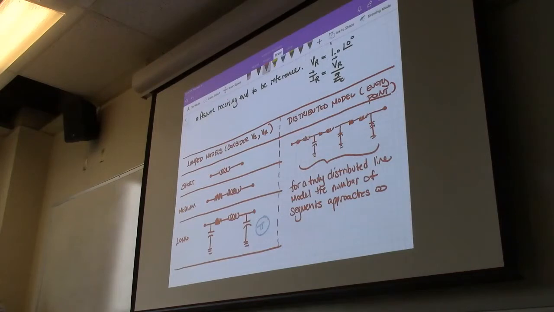You can think of it as a whole bunch of these lump line models put together. We start off with a line that's 100 miles. Then we'll represent each mile as its own individual model, so now we can get the voltage at mile 1, at mile 2, at mile 3. Then we use even more, every tenth of a mile, every hundredth of a mile. A truly distributed line model would have an infinite number of segments, which would obviously require a differential equation to analyze, because the delta x has dropped to 0.